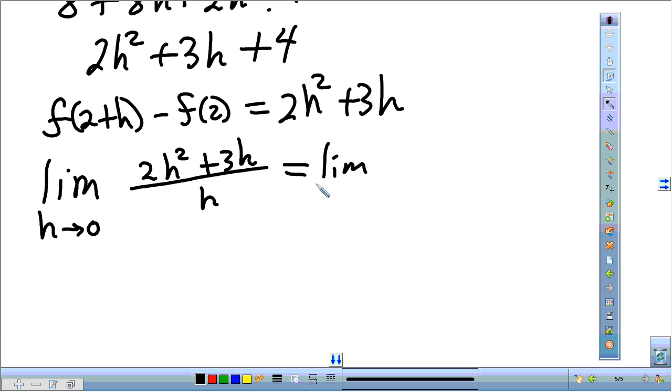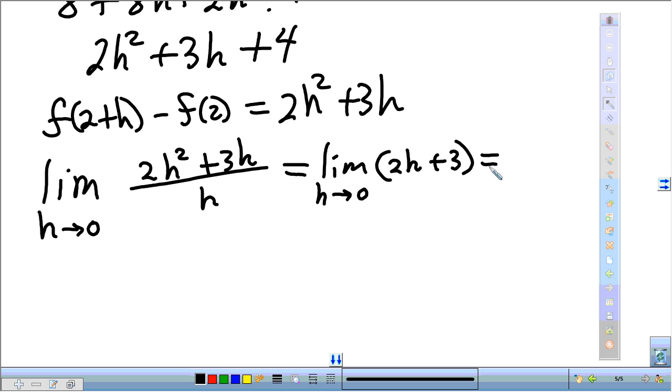Progressing here, we can divide h into each term. So 2h squared divided by h is 2h. 3h divided by h would be 3. At that point, when we do the limit, we can substitute, end up with 2 times 0 plus 3. So we get a slope, or a derivative, of 3 at 2.